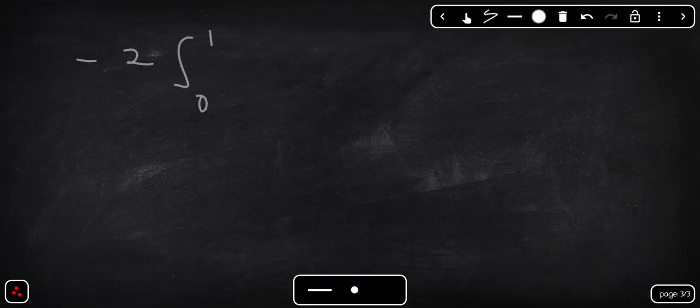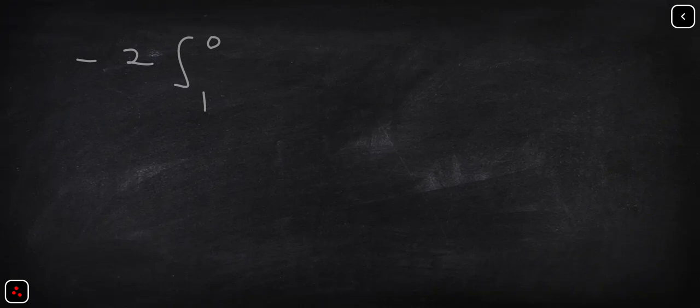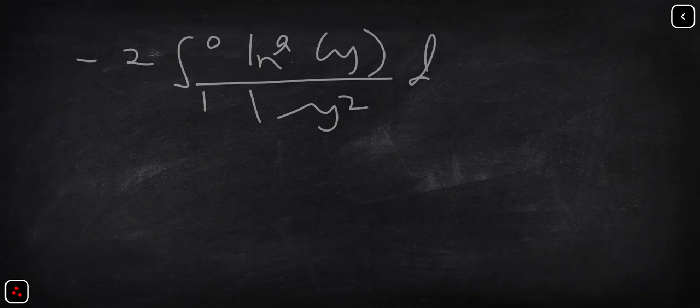Now, what's the beautiful integral? That will be minus 2 times the integral from 1 to 0 of the natural log of y raised to the power of a over 1 minus y squared dy.